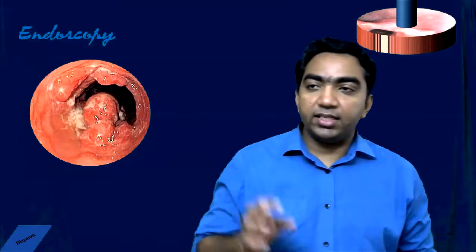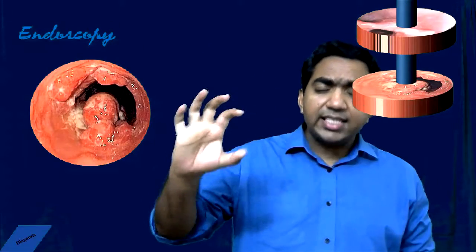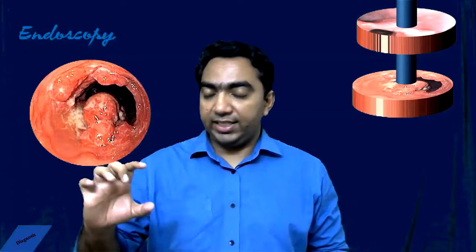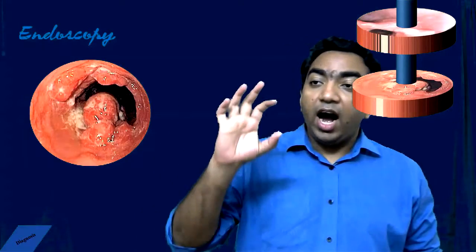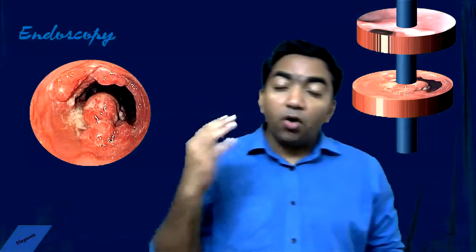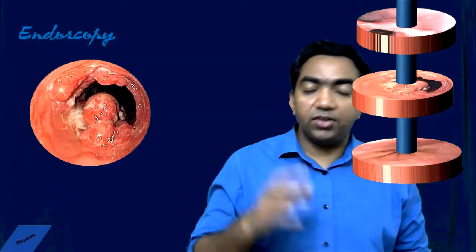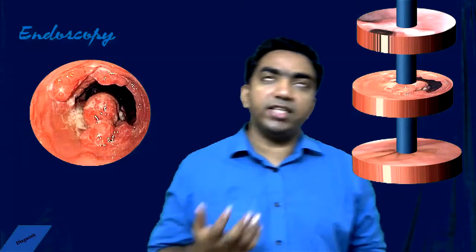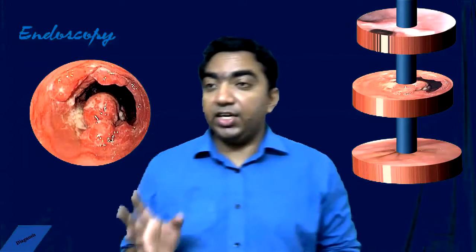Other things we should see in endoscopy: when we pass the endoscope, first we will reach the cricopharyngeal junction, then the tumor. We should know the distance of the tumor from the cricopharyngeal junction, and how much the tumor extends in the esophagus. We should also know the distance of the tumor from the gastroesophageal junction, and whether it is invading the gastroesophageal junction or not, whether it is a G junction tumor or not.